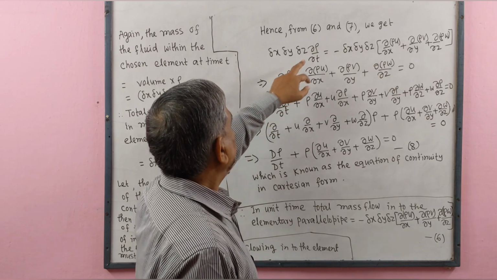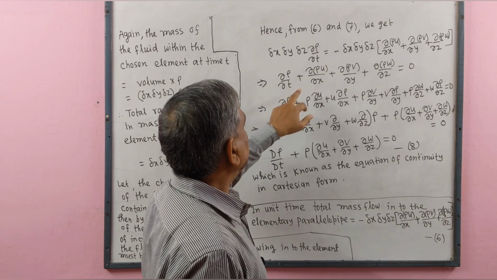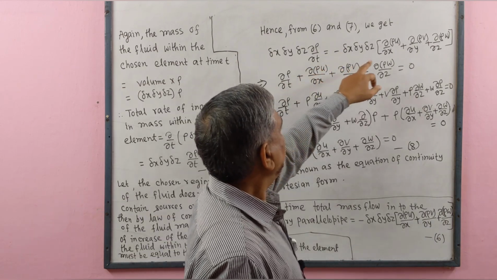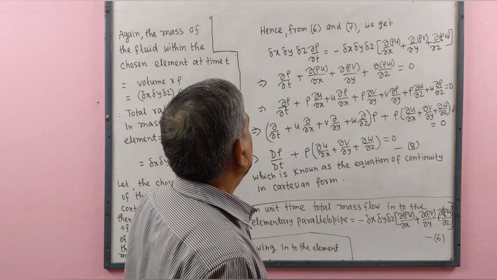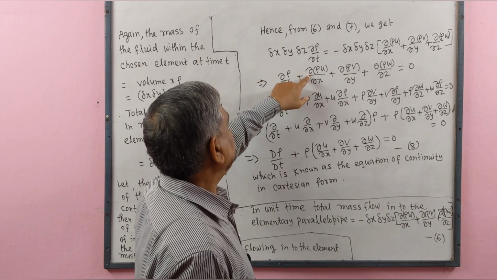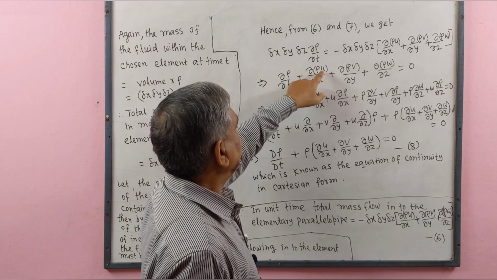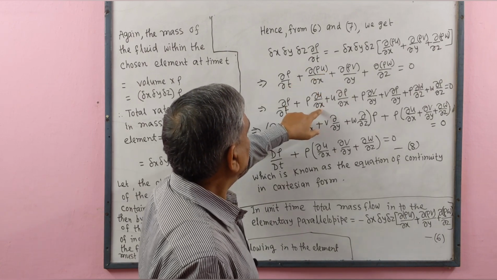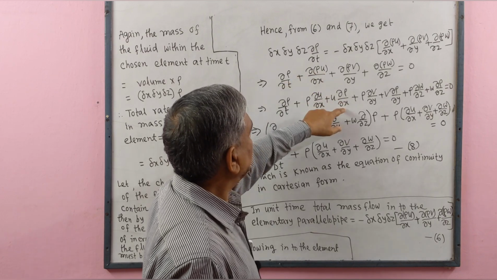So there remains the partial derivative of rho with respect to t on this side, and we write these terms. Now we differentiate the product of two quantities: first rho constant, differentiation of u, plus u constant, differentiation of rho.